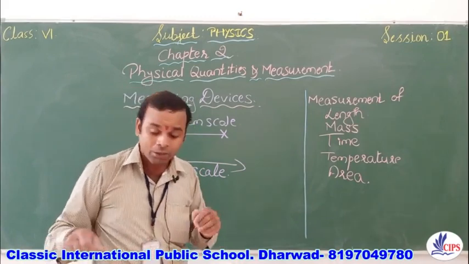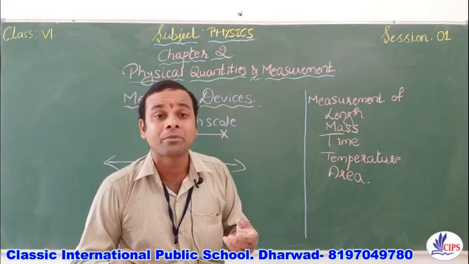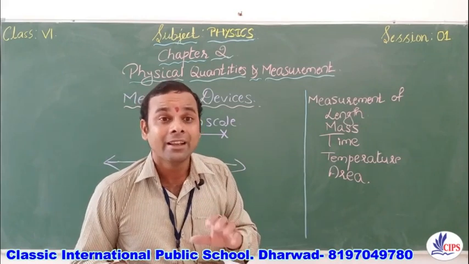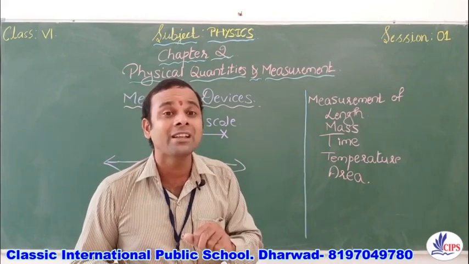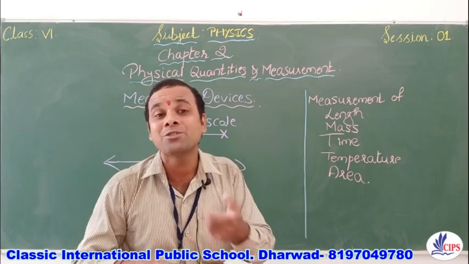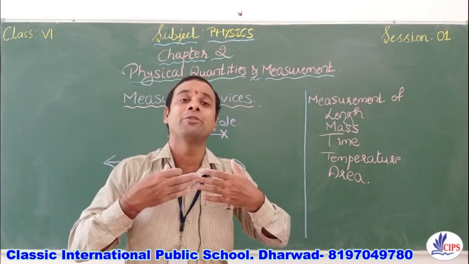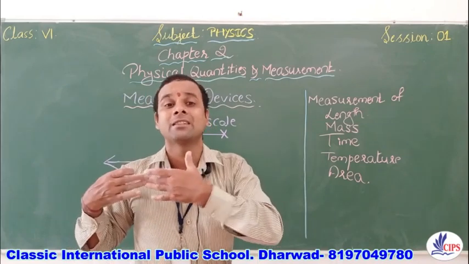Clear? Right. So suppose you go to the tailor. When you go to the tailor, it's not possible for the tailor to use a scale. How can you measure the dimension of the body using a ruler, scale? Is it possible? If he holds the scale like this, it's not possible.